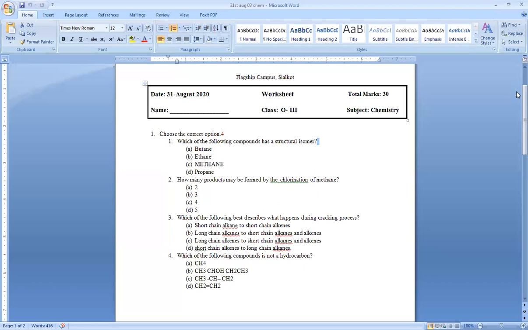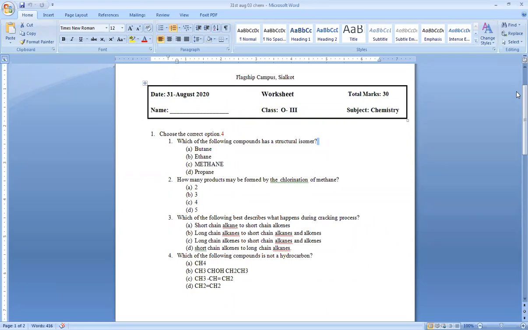The second is long chain alkanes to short chain alkanes and alkenes. The third is long alkenes into short alkanes and alkenes, and the fourth one is short chain alkenes to long chain alkanes. There are four options. You have to choose the best possible answer for the process of cracking.